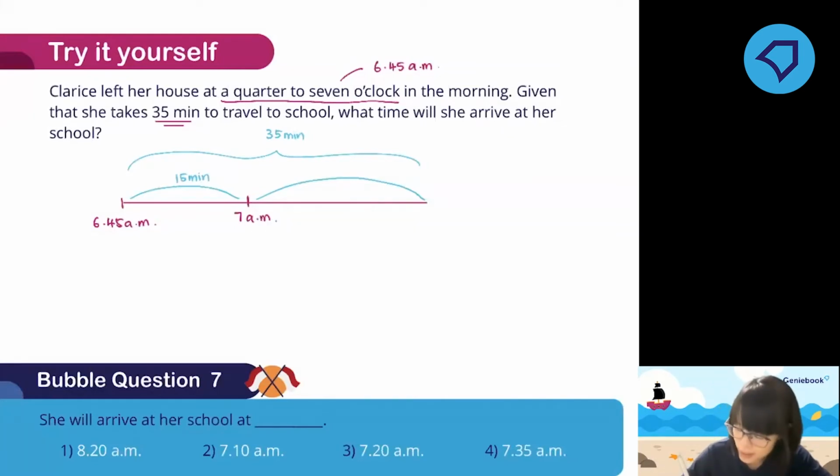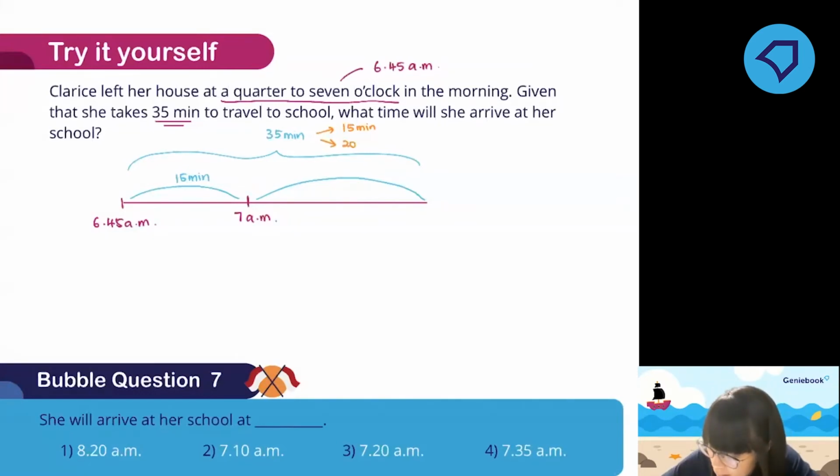Now we are going to split this one. I need a total of 35 minutes to travel. From 6:45 to 7 a.m., I've already traveled 15 minutes. So we split this into 15 minutes, and then how many more minutes do I have remaining? 20 more minutes. Thank you very much, Wensi and Sophie.